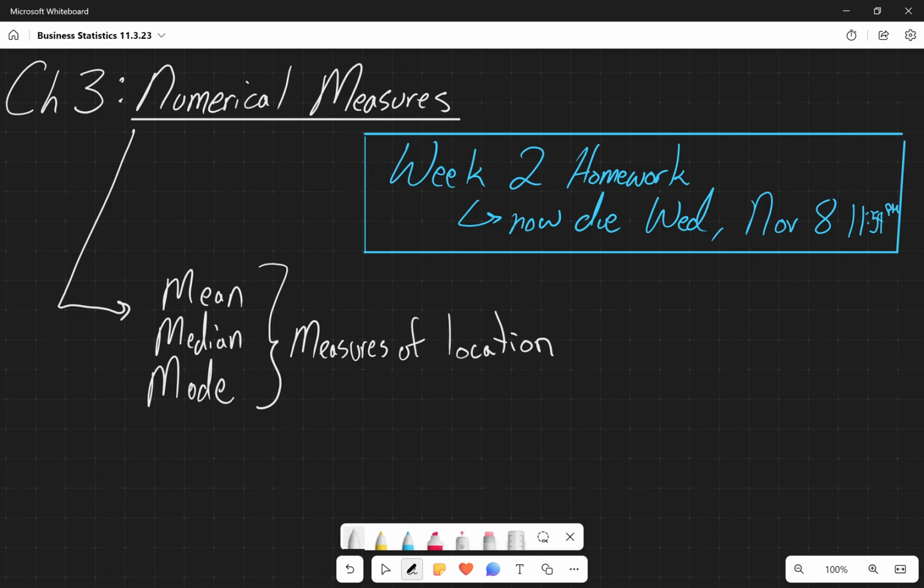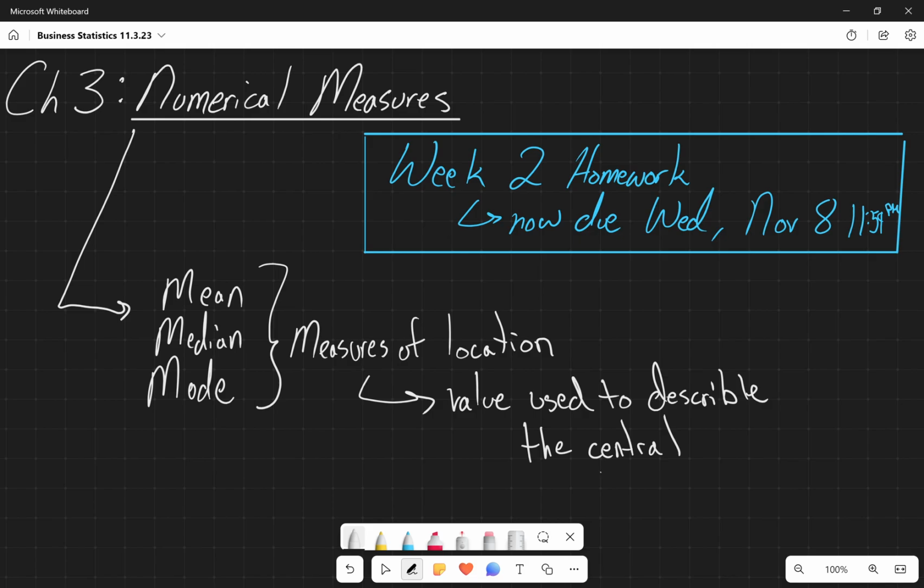And a measurement of location is a value that is used to describe the central tendency of a set of data.